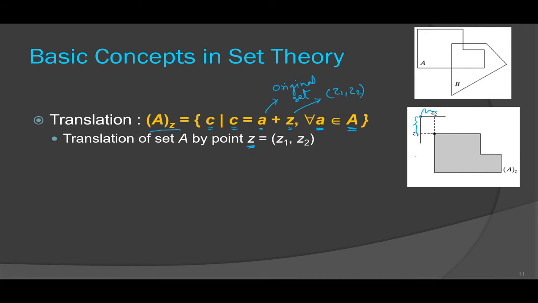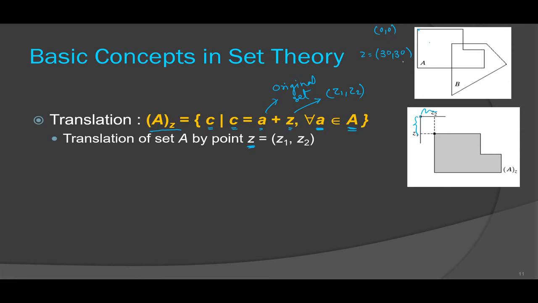So for example, if the coordinates for this particular pixel are 0, 0 and my Z is, say, 30, 30, then this point would be shifted to 30, 30: 0 plus 30, 0 plus 30.